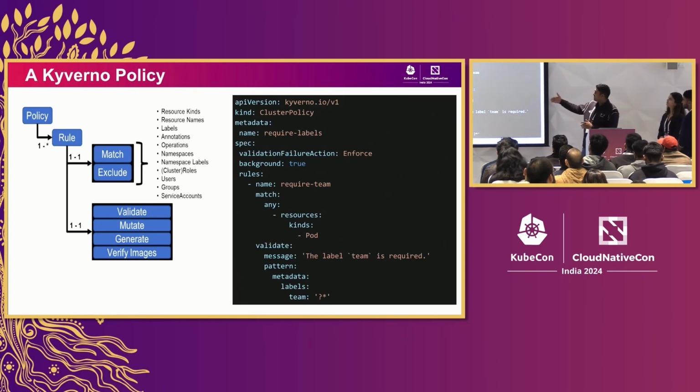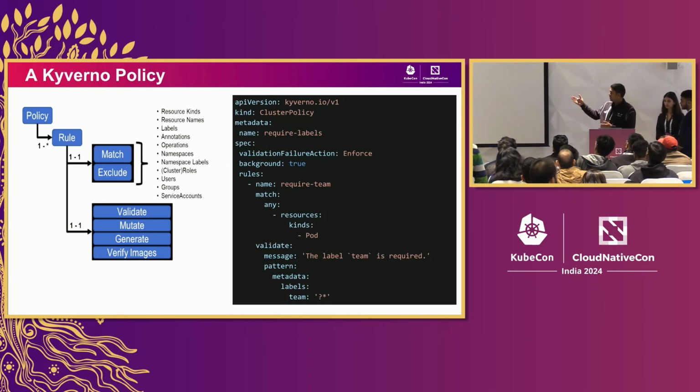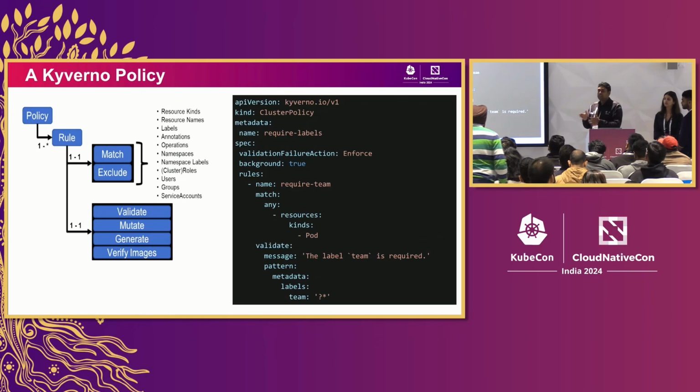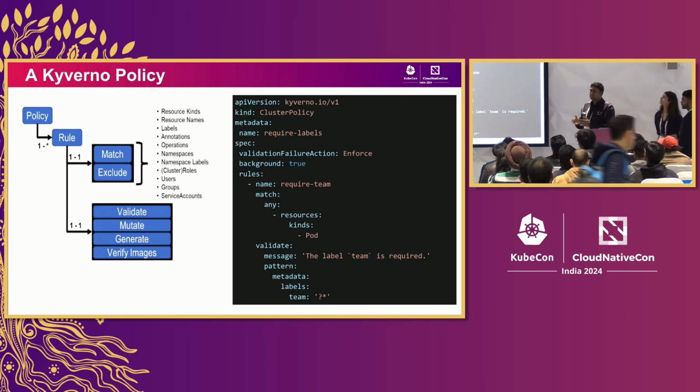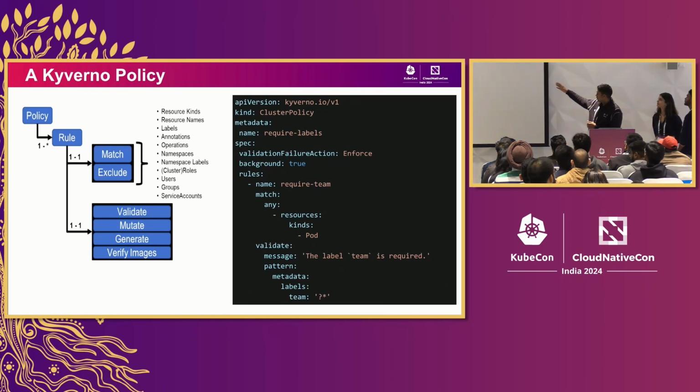Whereas in the other section, we have the type of policy like validate, mutate, generate, verify images. These types of policies also contain the conditions you want to match, and then based on that take an action, right? So here is a sample policy which takes care of all that structure.